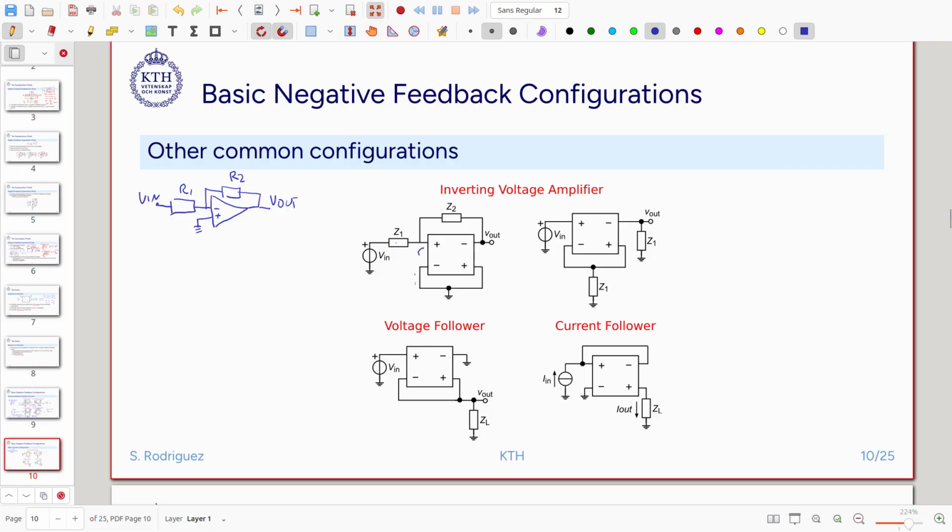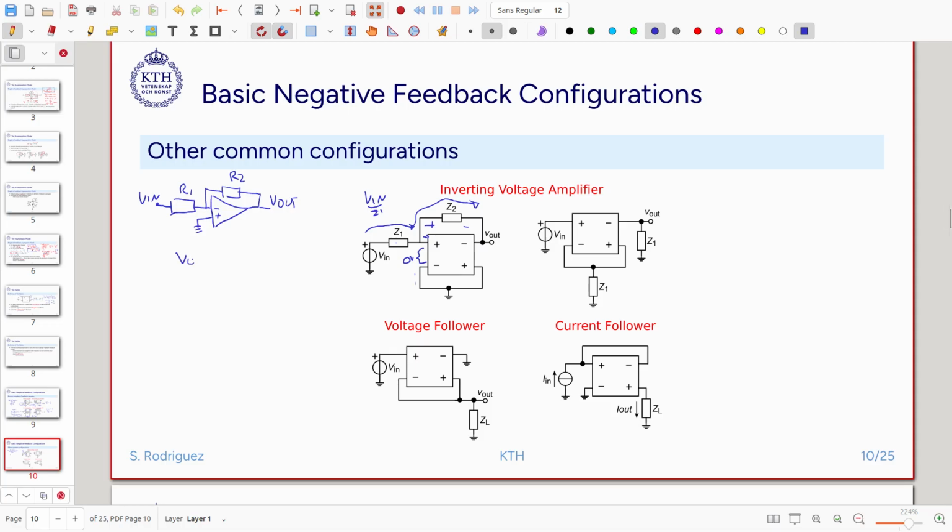Okay, so we can use this topology also. Same thing here. This is 0 volts. Here means that the current that is passing here will be equal to V in divided by zeta 1. There is no current flowing here. It means that all this current will be directed to zeta 2 and produce a voltage drop here.